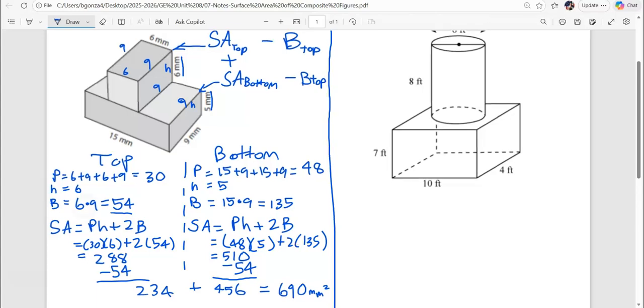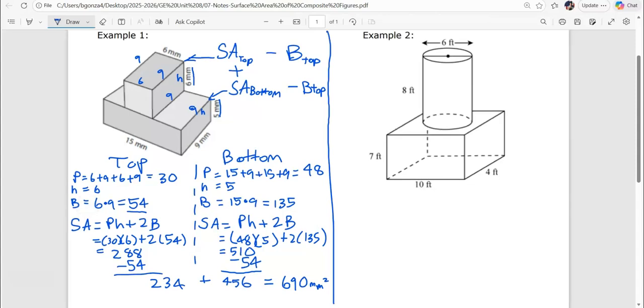All right, now we're gonna, the next one, doesn't that look similar? It's just a different shape. Yes, very similar. So once again, I'll try to do this a little more swiftly. The surface area of the top minus that base of the top. This time the base is a circle shape, but it's still the area of the base. That's fine.